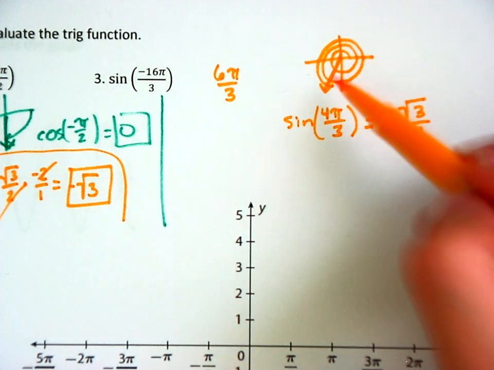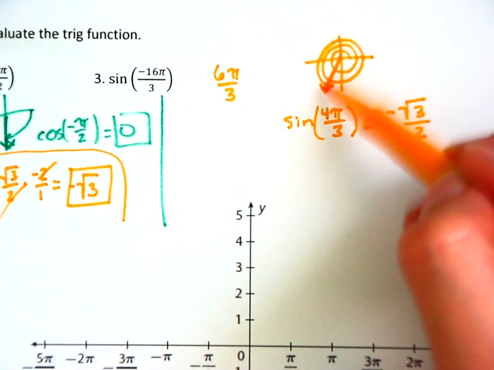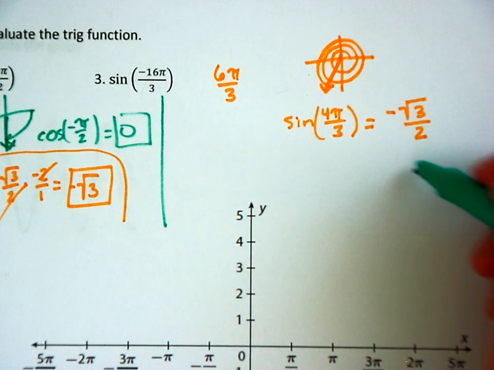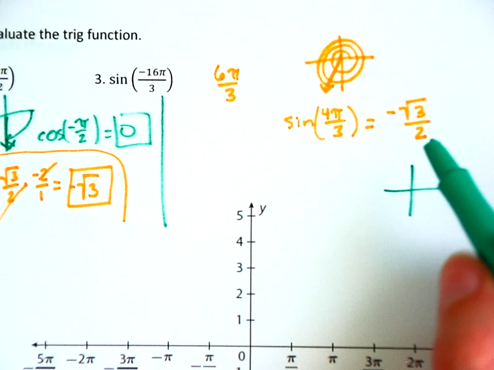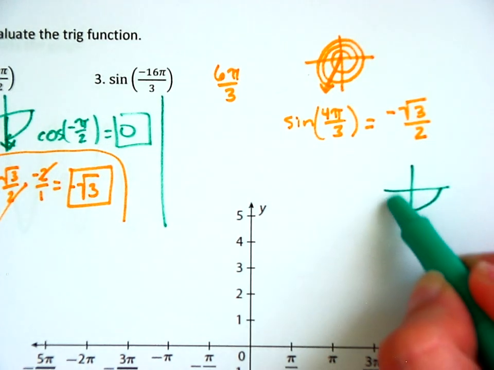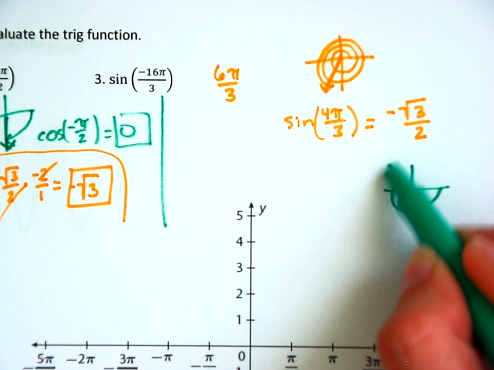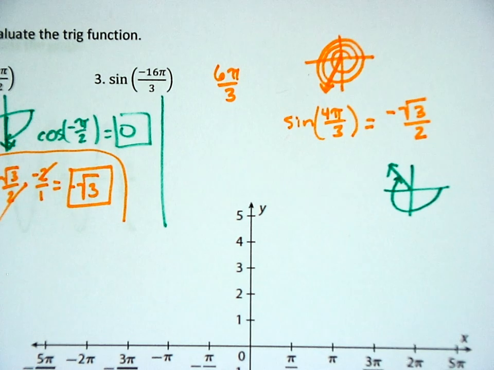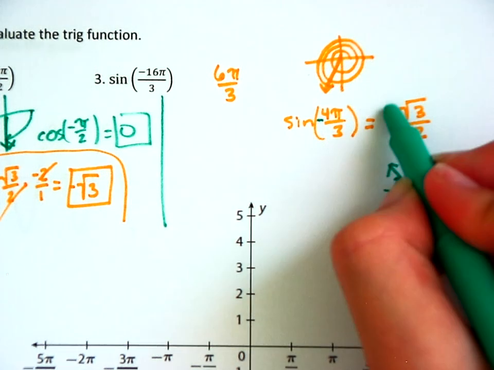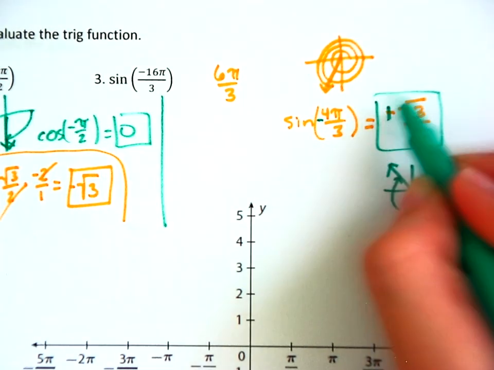So since this was positive 4 pi over 3, I just need to know which quadrant negative 4 pi over 3 is. So draw a quick little graph. If I were to start at 0 and move in the negative direction, negative 4 pi over 3 is going to be in this quadrant where sine is positive. Okay, so sine of negative 4 pi over 3 is positive root 3 over 2.